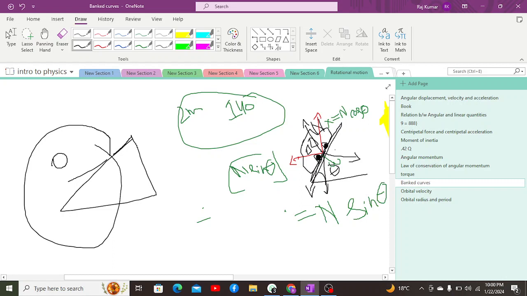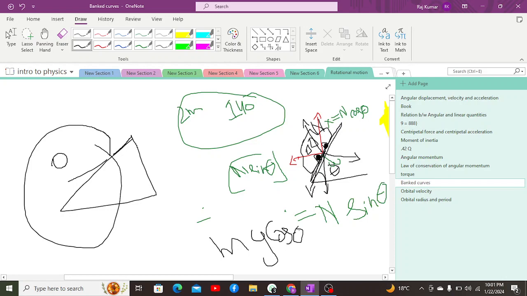Here N cos theta and mg sin theta will cancel each other out, and mg cos theta will be equal to N sine theta. This is how we derive it, mg cos theta.